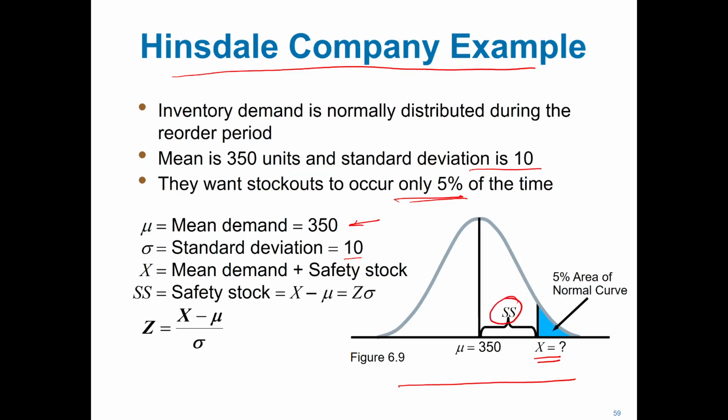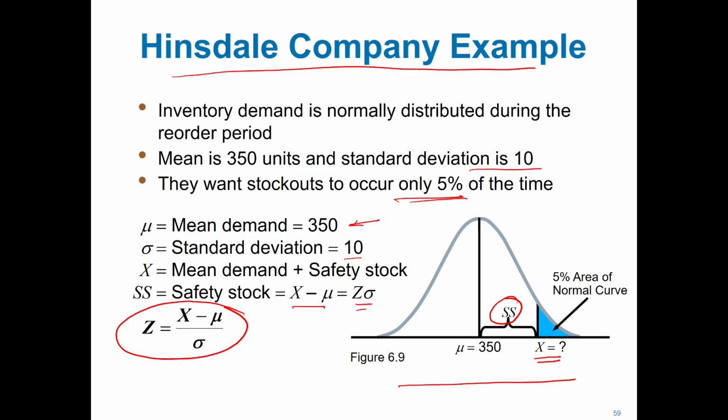So safety stock is equal to x minus mu, and if we want to use the standard normal distribution, we should find the standard normal deviate, z. So z is equal to x minus mu over sigma. That will give us the z value, and from this z value we can find the safety stock, because safety stock equals z times sigma, and sigma is known to us.